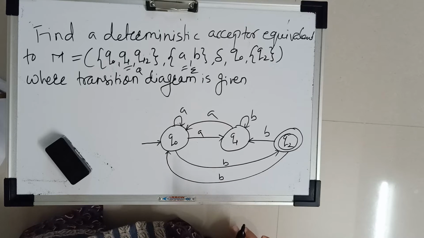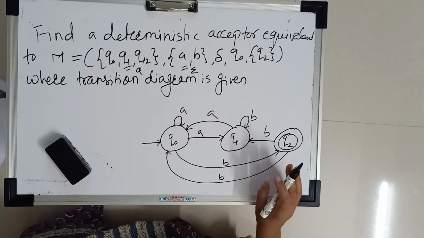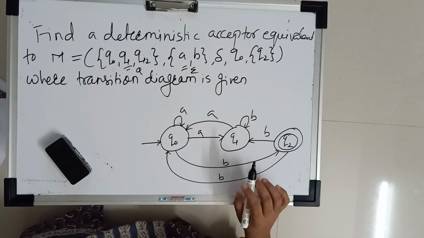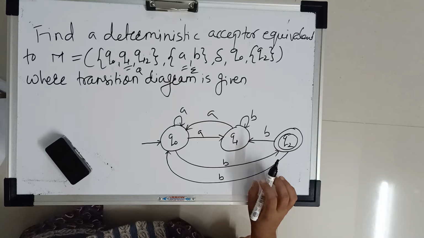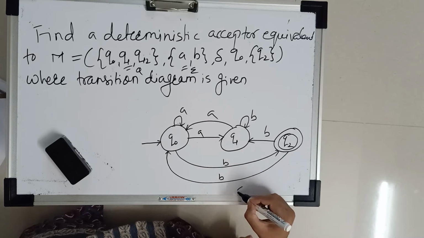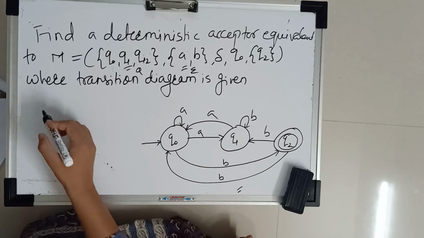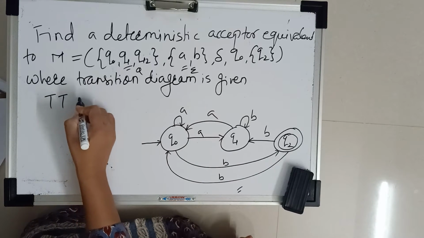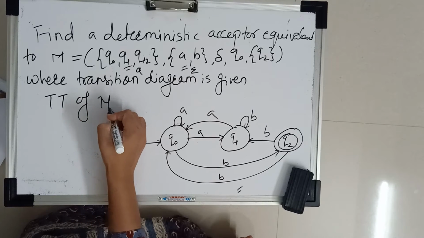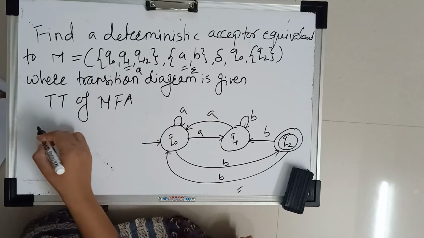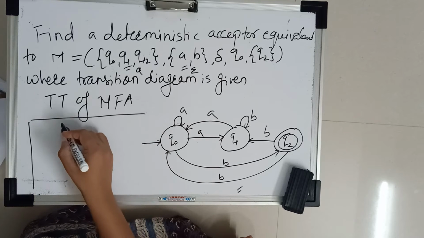Now for conversion of NFA to DFA, we need a table. It means if the transition diagram is given, as in our example, we need to convert this transition diagram into a transition table. We'll write the transition table of the given diagram, that is the NFA.